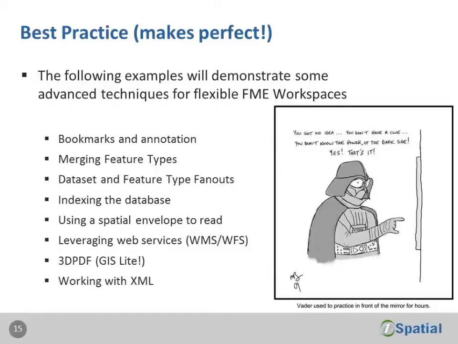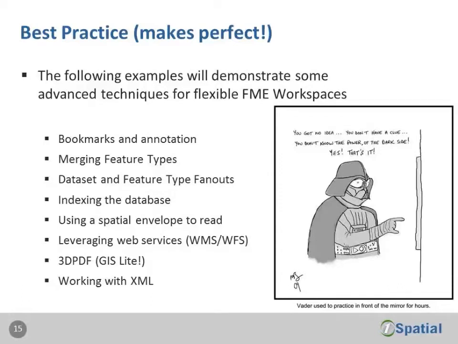And the whole idea with a lot of the demonstrations that I give is that what we're trying to do is achieve flexible workspaces, workspaces that you can apply to a number of different data sets where possible, and try and use or reuse functions that you build to carry out specific tasks.